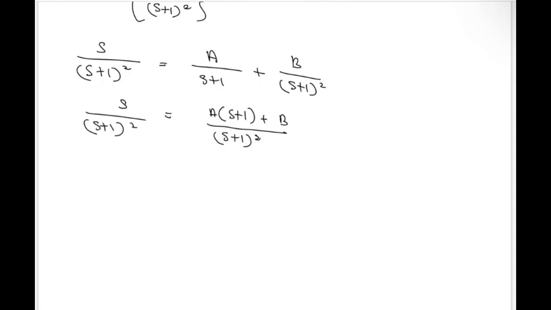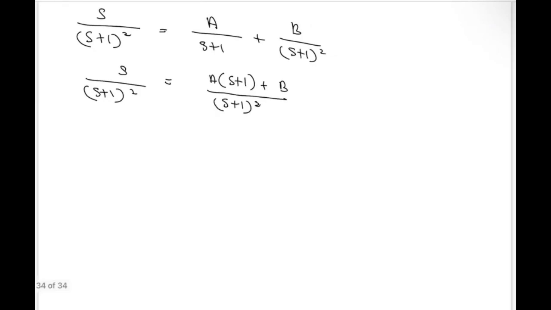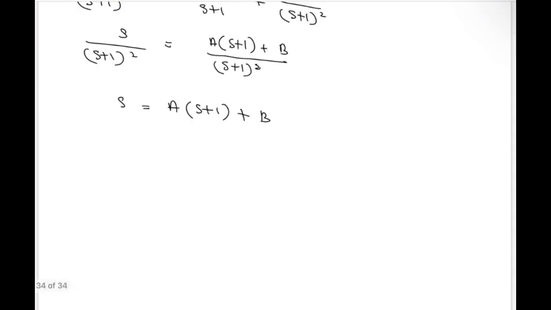So both numerators are equal, then we can say that s equals a times s plus 1, plus b. Substitute, let's say s equals minus 1. So we have minus 1 equal to b. So b is minus 1. Now let s equal to 1.